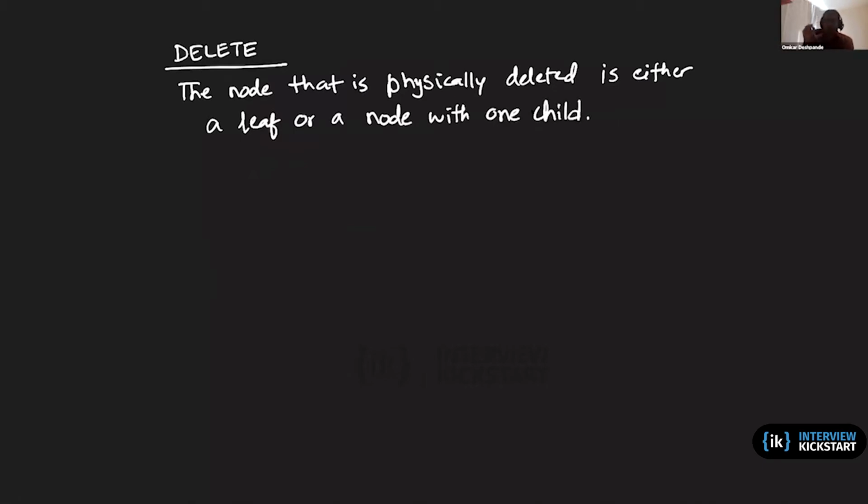The node that is physically deleted could have, when we say one child, this could be an entire subtree. Right? Possibly there could be an entire subtree there.